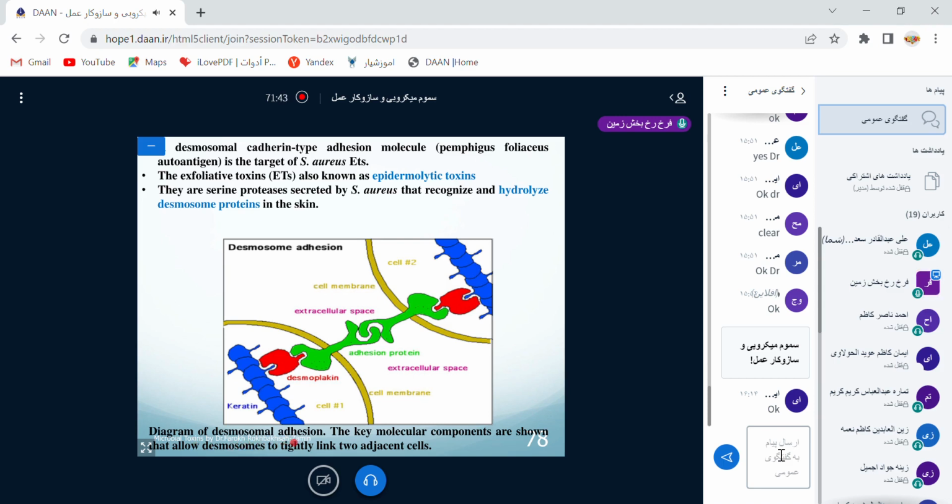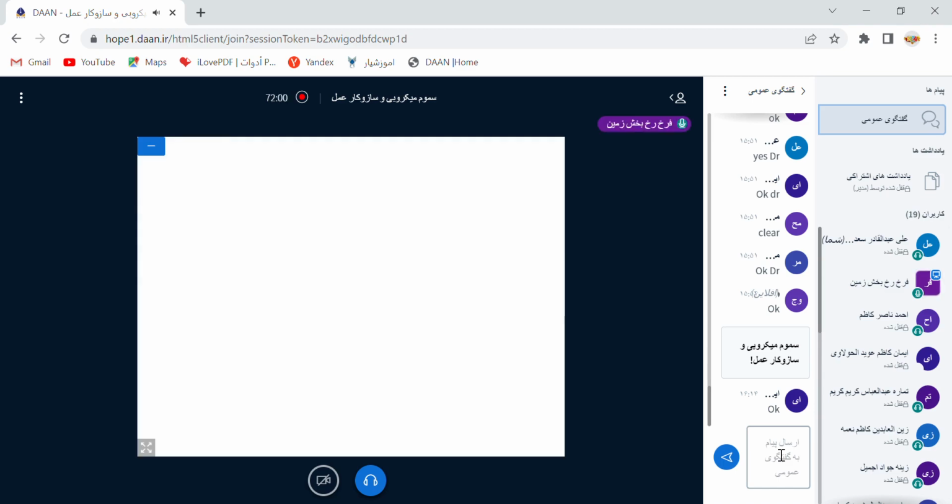Diagram of desmosomal adhesion. The key molecular components are shown that allow desmosomes to tightly link adjacent cells. It is the normal case.